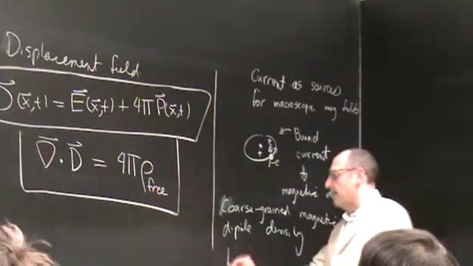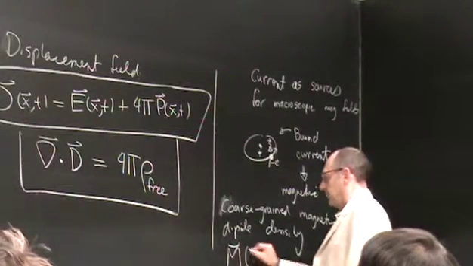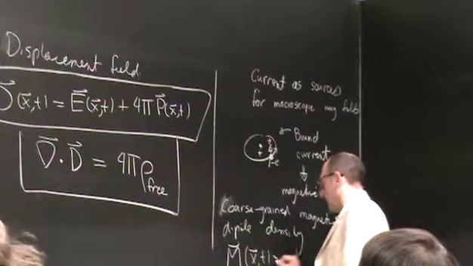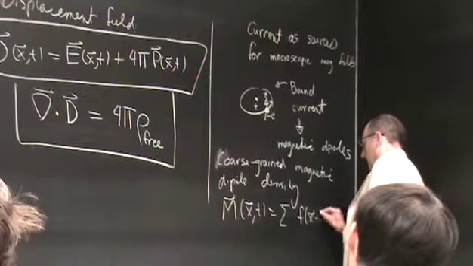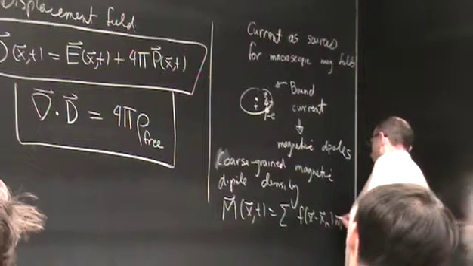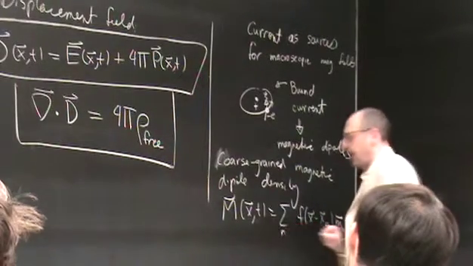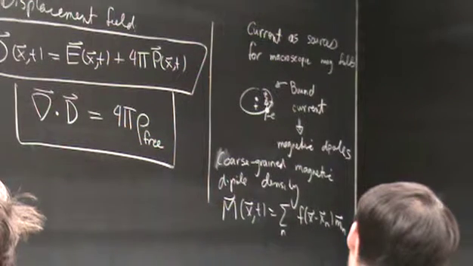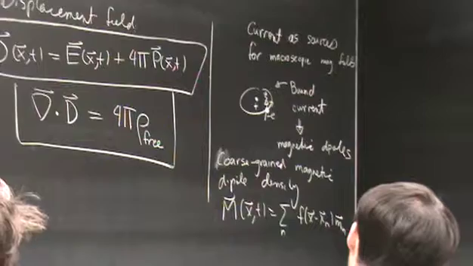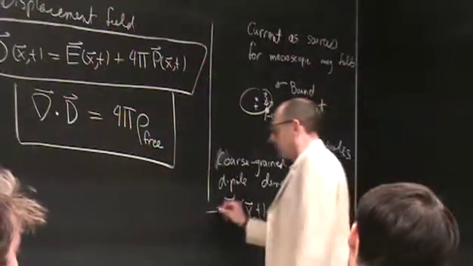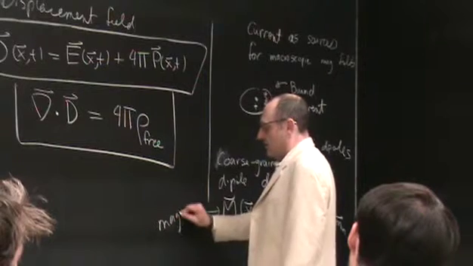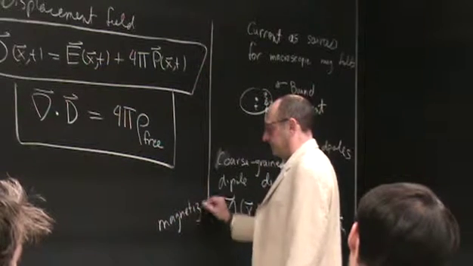And we call that M, a function of position and time, is the coarse graining function times whatever the local magnetic dipole moment is for the N contribution. And that capital M, that magnetic dipole density, is known as the magnetization.